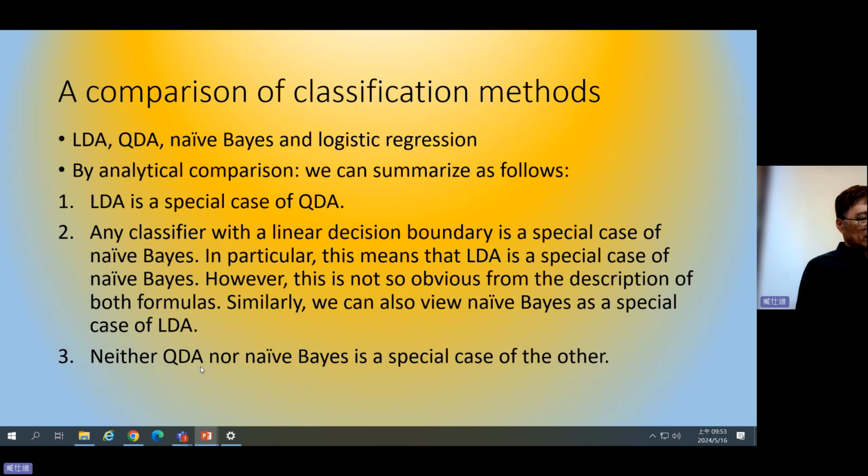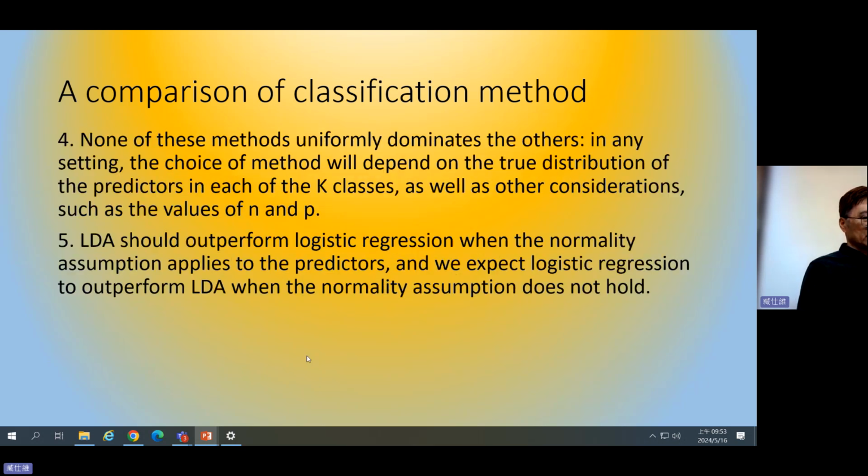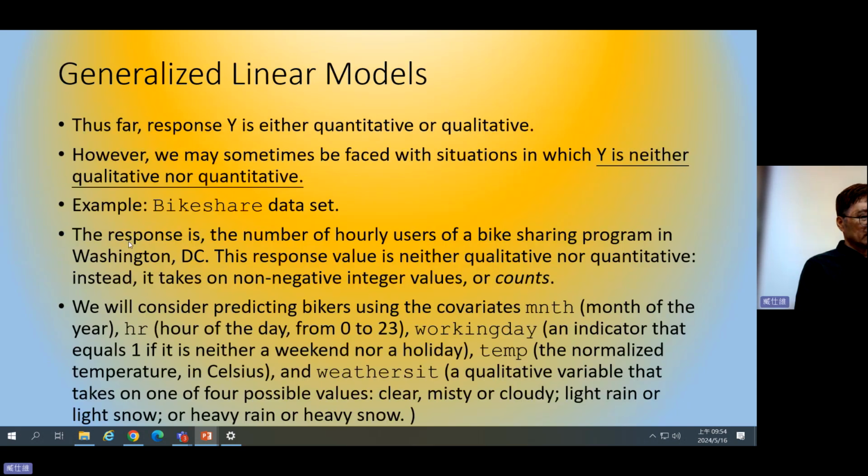Neither QDA nor naive Bayes is a special case of the other. So we have a summary of 5 points, and then the reference.